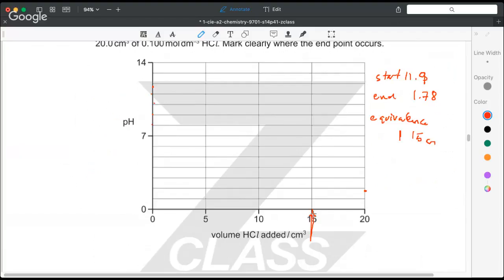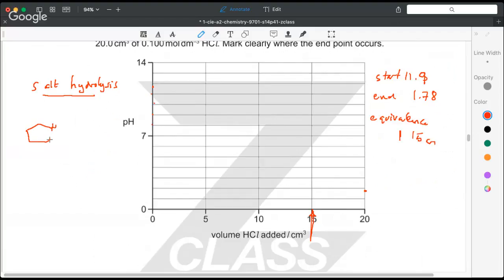Now, the only other thing that you need to know is whether the equivalence point is above 7 or below 7. And that's the thing that you have to kind of work out. And the trick to doing that is knowing about something called salt hydrolysis, which doesn't seem to be particularly well covered in a lot of books. But at the equivalence point, you've got this, haven't you?